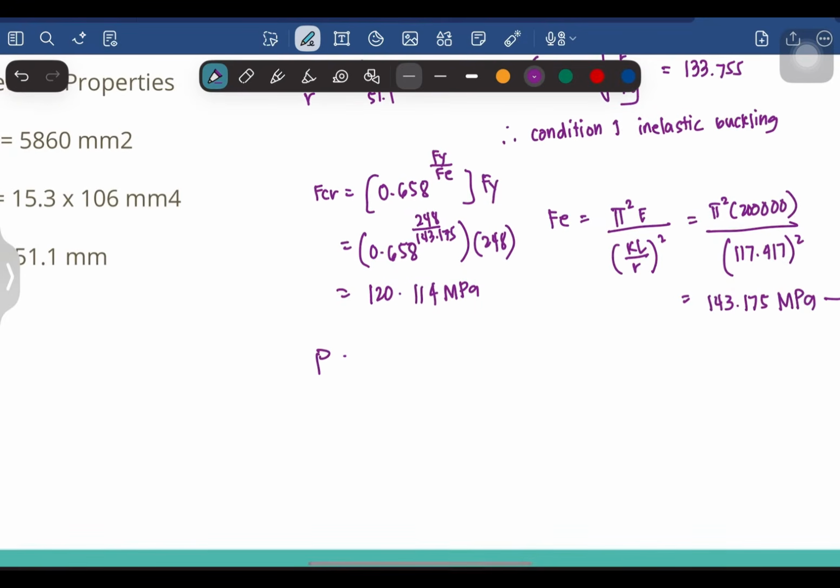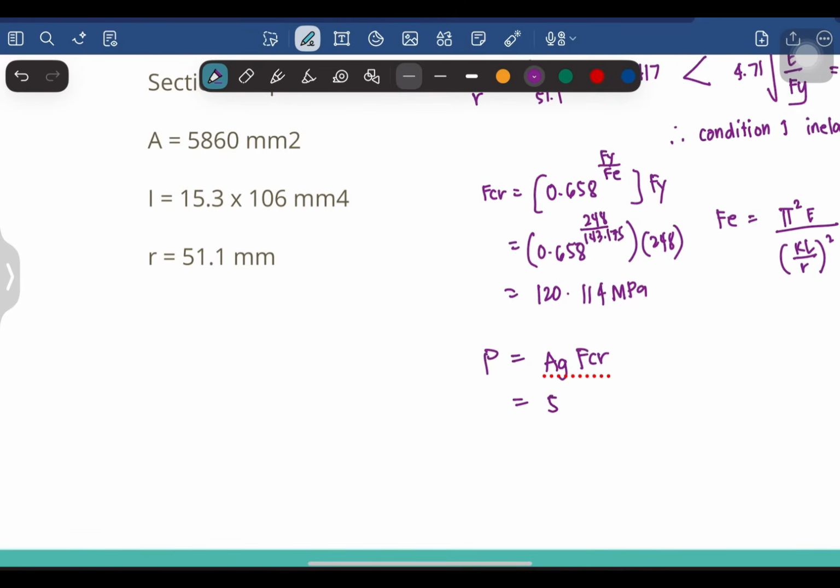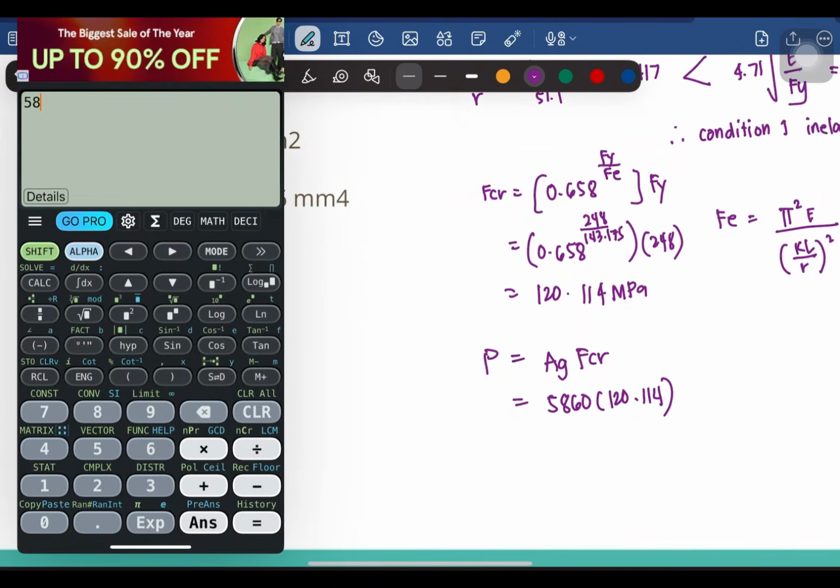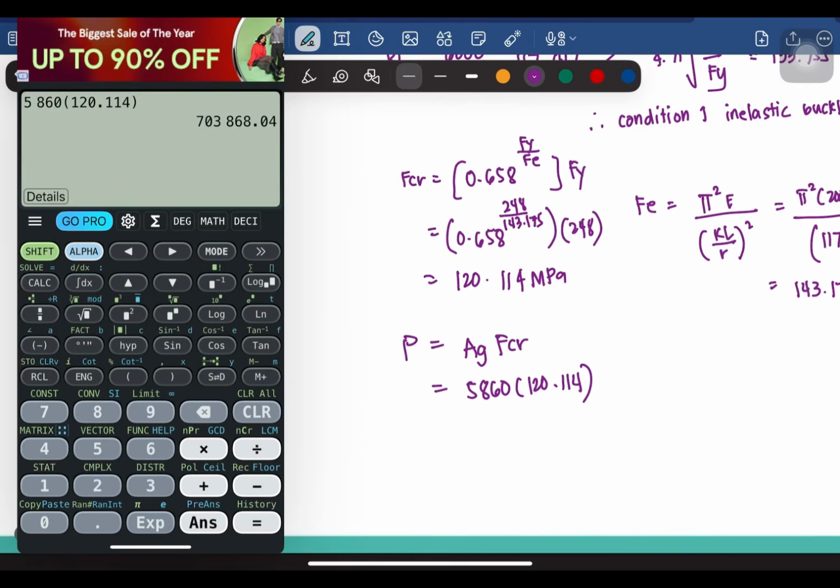So what we need is the P. So P is equal to Ag times Fcr. So the area gross is 5,860 times 120.114, then divide it by 1,000 para makuha natin is in kilonewton. So 703.868 kilonewton.